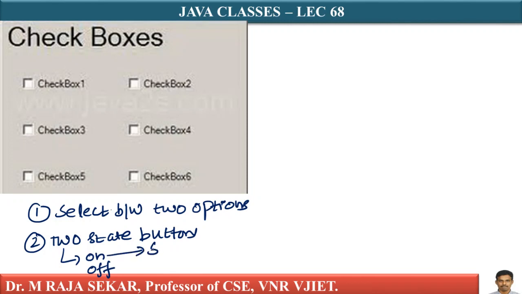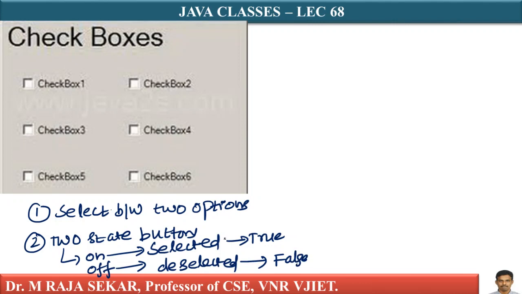On state means selected. Selected means true, isn't it? What is off state? Off state means deselected, or I can say false.